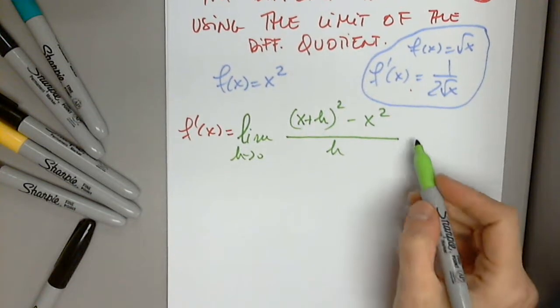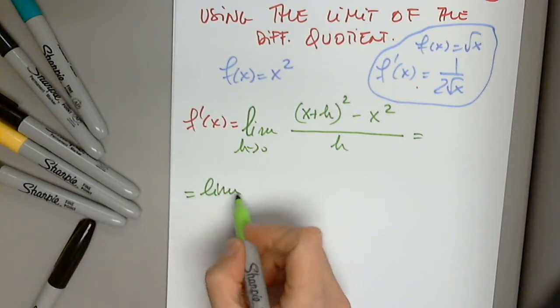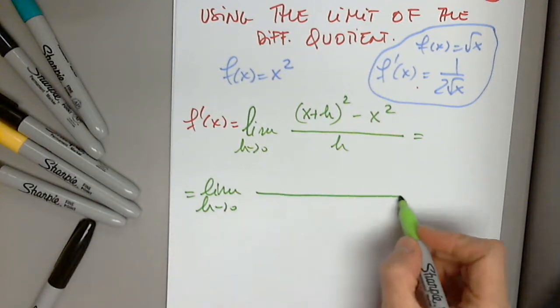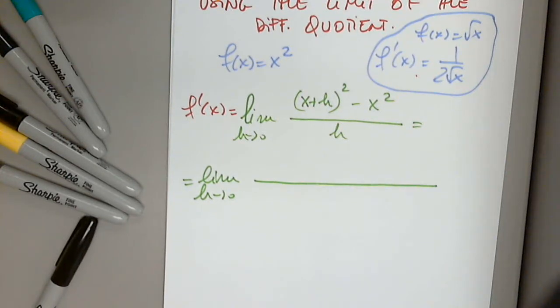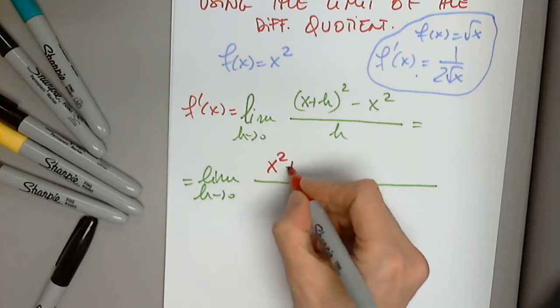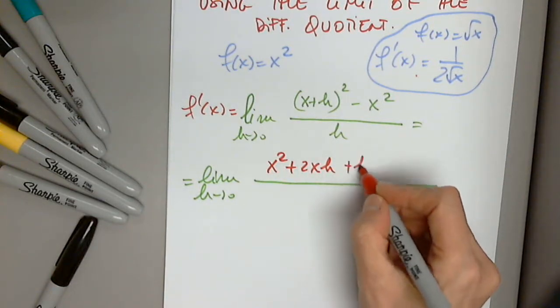Good. So you can use the difference of squares, the formula that we just reviewed when we rationalized the numerator, or you can just square. Whatever you tell me, I will write it. x squared plus 2xh plus h squared.